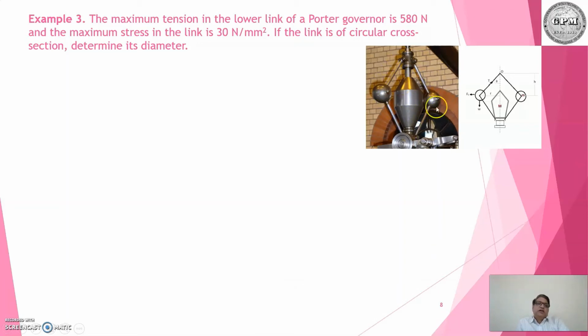These are called arms, and this governor you can use for operating a valve, closing or opening of the valves, for letting out the steam or other things, a fluid flow. It can control the flow by means of this.